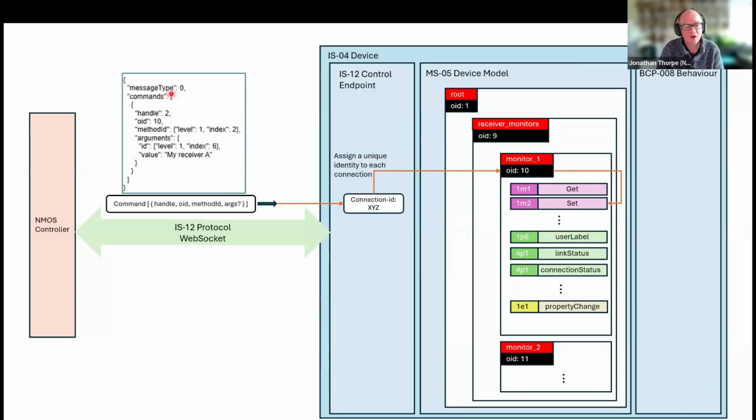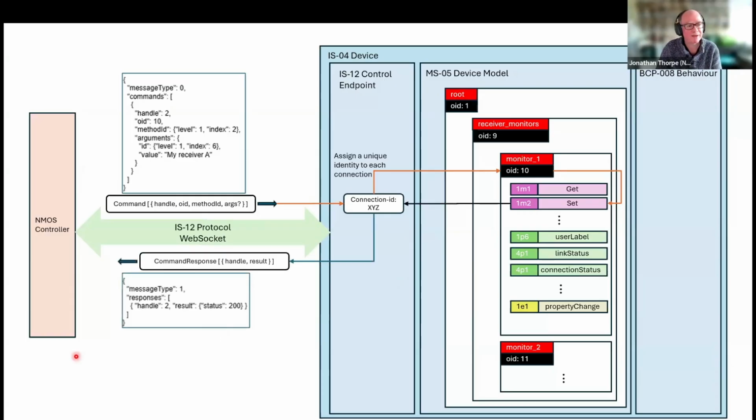This chunk of JSON encapsulates that, targeting a particular object by using its object ID, and then using a method ID to target the method. And then here we have an ID to target the property that we want to change. Once that's changed, we get the response coming back to tell us that it has happened successfully.